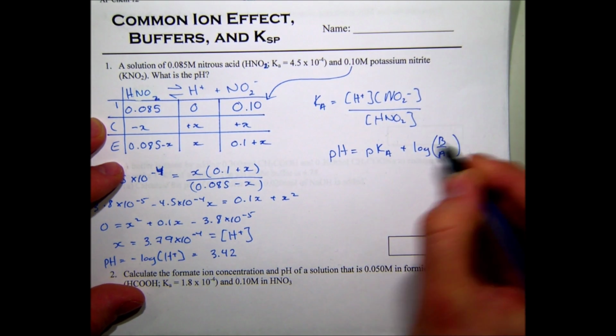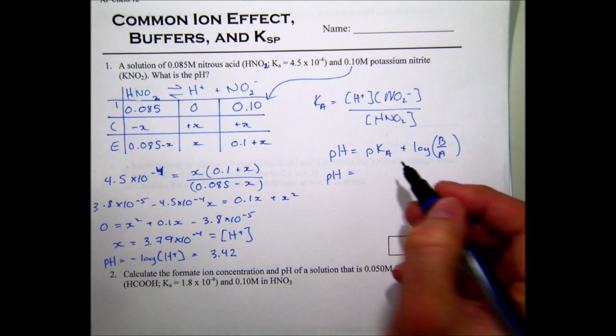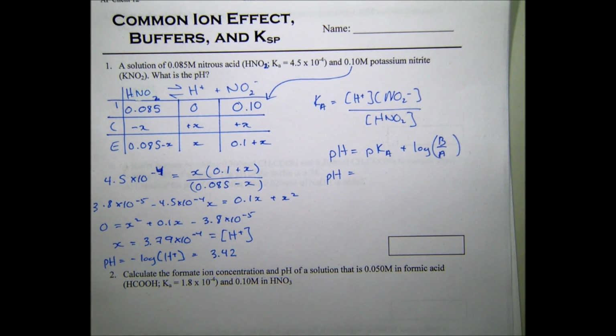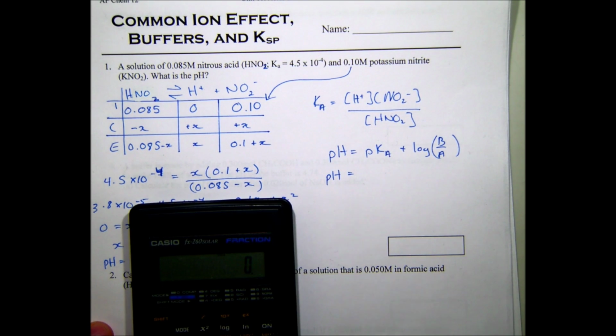Base over acid. So pH is equal to the pKa. Remember what the pKa is. The pKa is the negative log of the Ka.